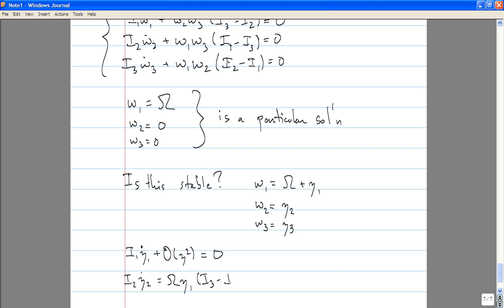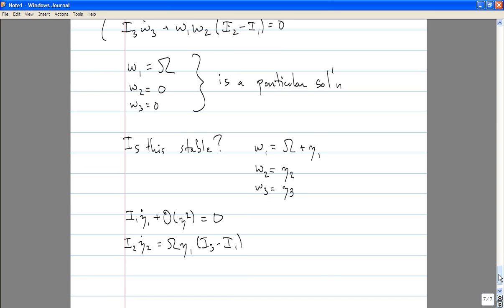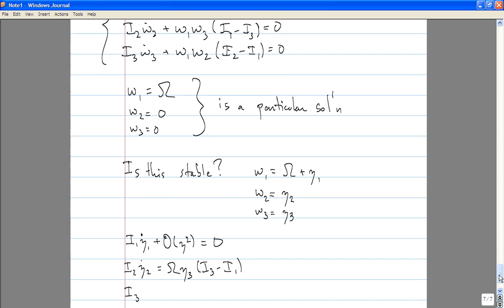And likewise, I3 eta 3 dot, because the omega came from omega 1 and the eta 2 came from little omega 2, is big omega times eta 2 times I1 minus I2.